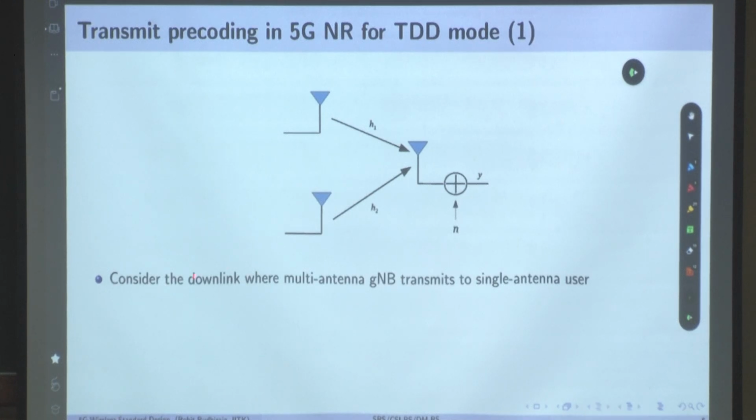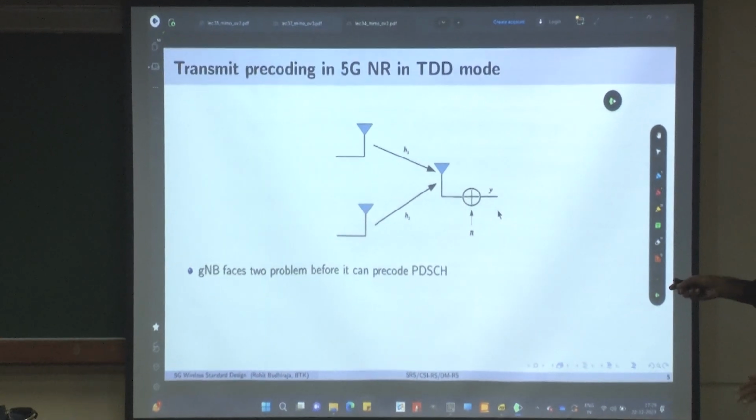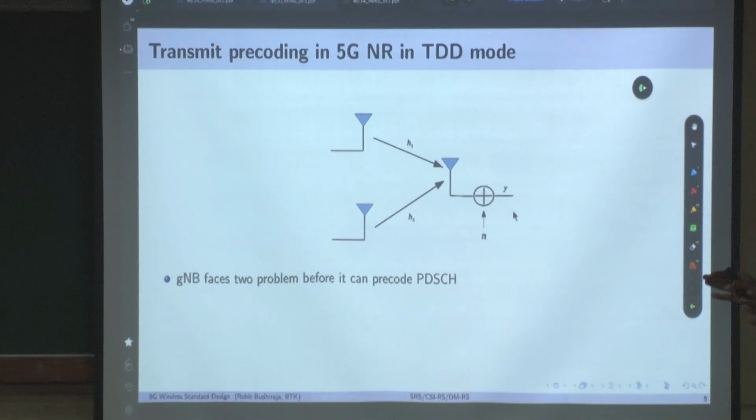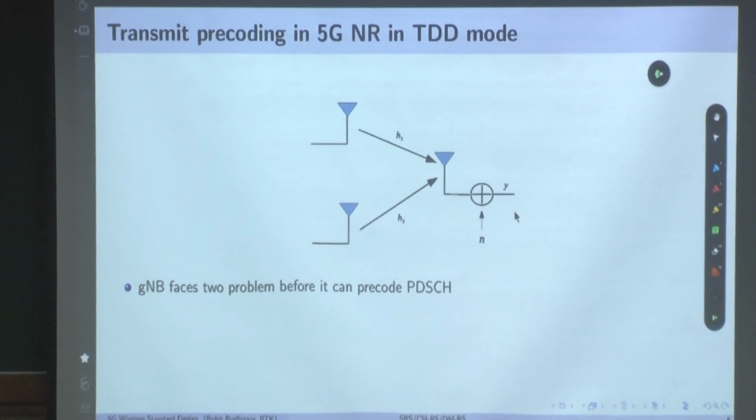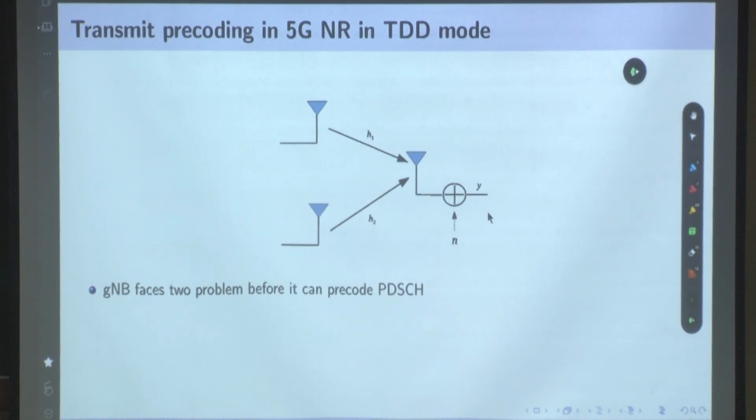So, what is happening here is that a multiple antenna gNodeB with two transmit antennas is transmitting to a single antenna user, and it wants to precode the signal. The base station has to basically precode the transmit signal, which is what we saw, in order to realize the gains which are possible due to multiple transmit antennas.